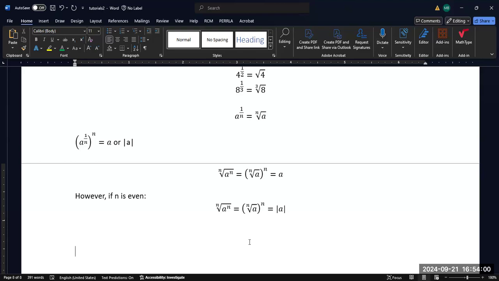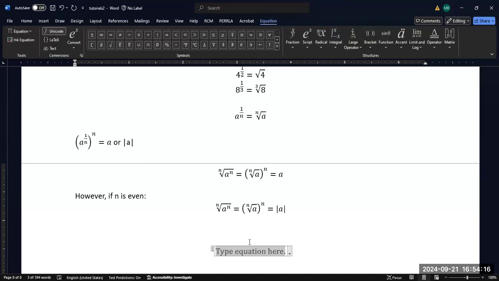Now, we can combine all of these rules with our variables, with the assumption that we have a real number but we don't know what exact number it is, to simplify more complex expressions. So combining all of our rules, we might have something like x cubed y to the fifth divided by x to the fourth y squared.